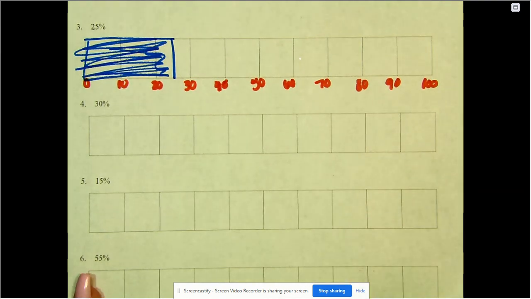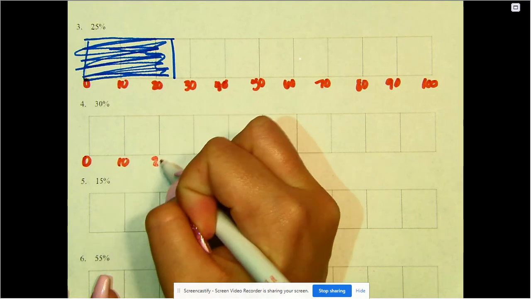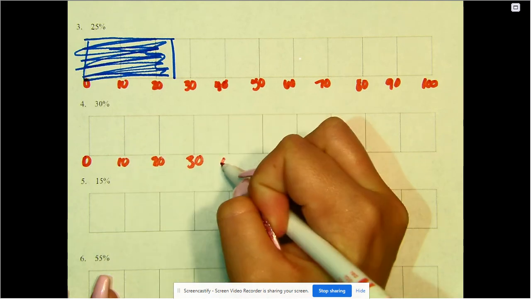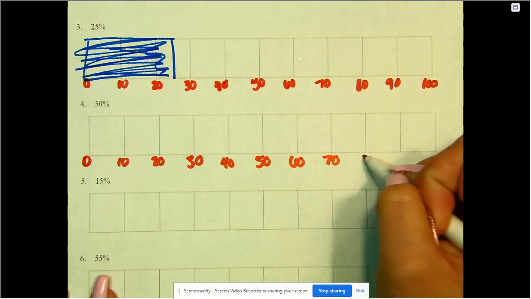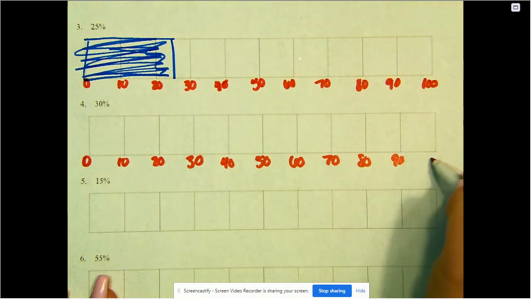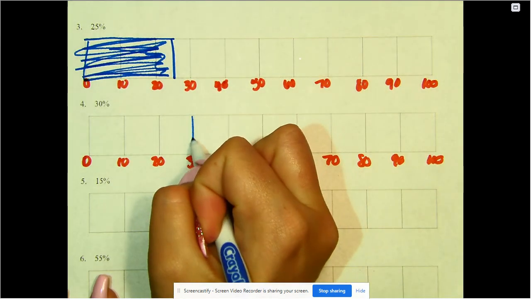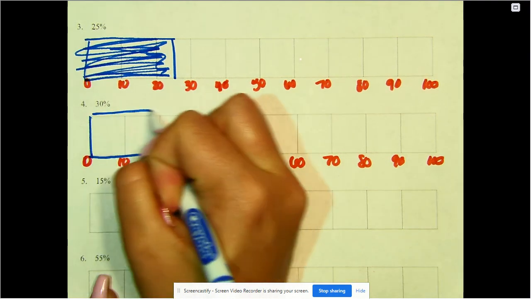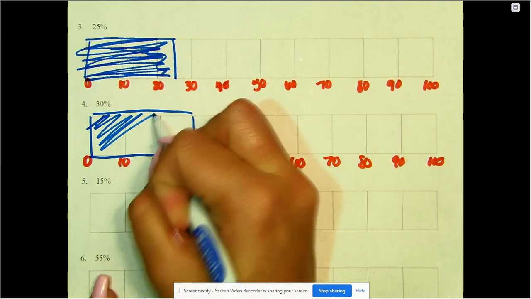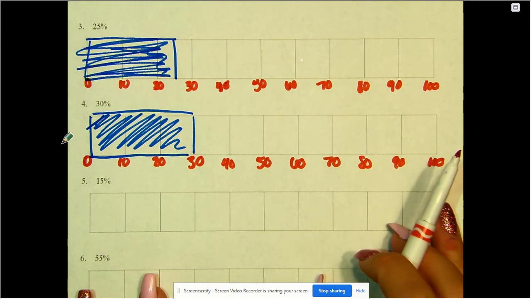Okay, for the next one, it says 30. So 0, 10, 20, 30, 40, 50, 60, 70, 80, 90, 100. So if I wish to shade in 30%, it would be this much. Okay, then I'm going to do number 5 with you for 15%.